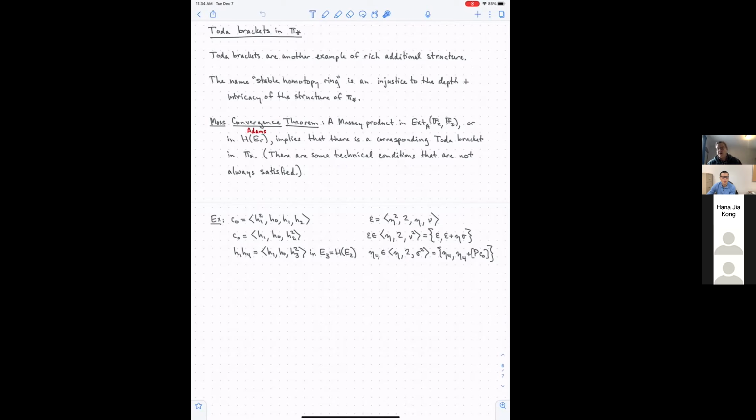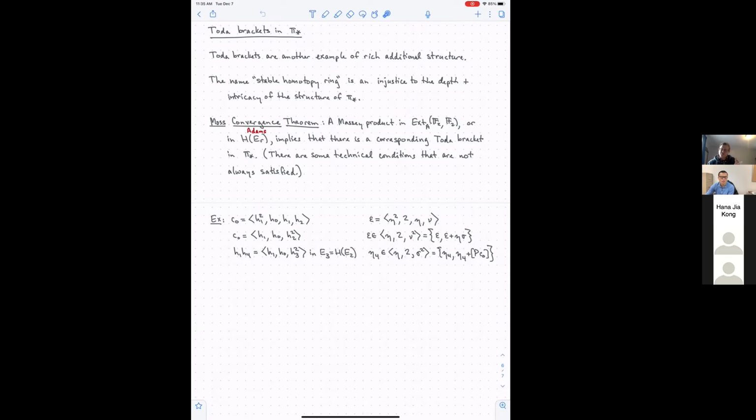They're not always satisfied, but they will always be satisfied in the examples that we have discussed and that we will discuss in this mini course. Okay, so we can ignore those technical conditions for now. So what it says: suppose you have a Massey product in Ext. That Massey product in Ext ends up corresponding to a total bracket in the stable homotopy ring.